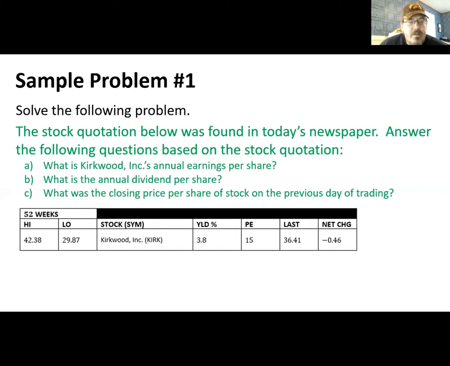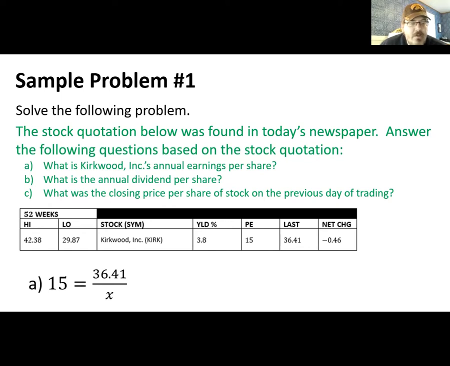All right, so let's start with part A. Basically, what you need on this are two things. You need to know what the last price was, or the closing price at the end of the day of trading, and you need to know the PE, or the price earnings ratio. There's a little formula that you plug in to calculate the annual earnings.